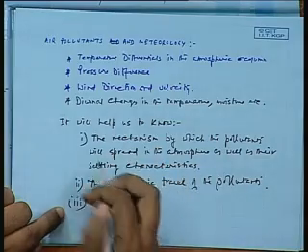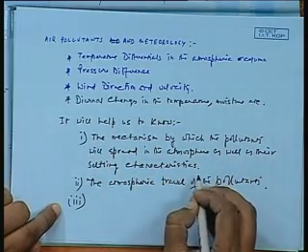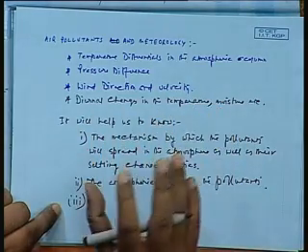So, the first thing is the mechanism by which the pollutants will spread in the atmosphere, as well as their settling characteristics, how they would settle and how they would travel. These two things are of extreme importance to us.